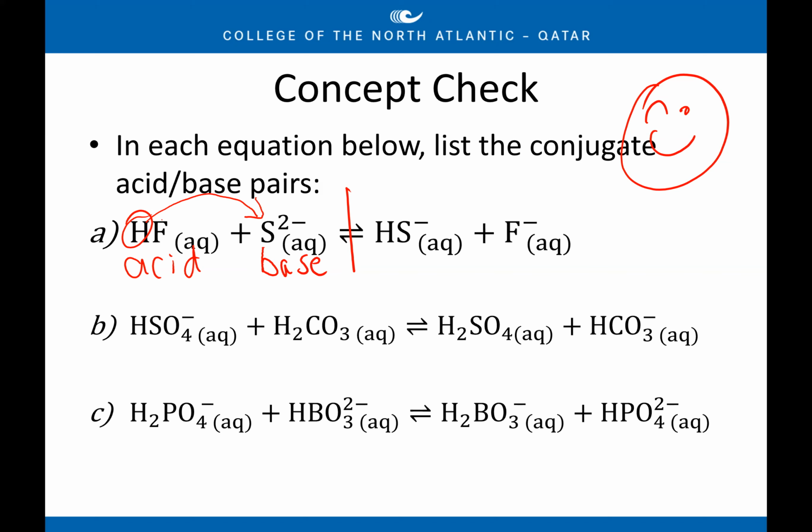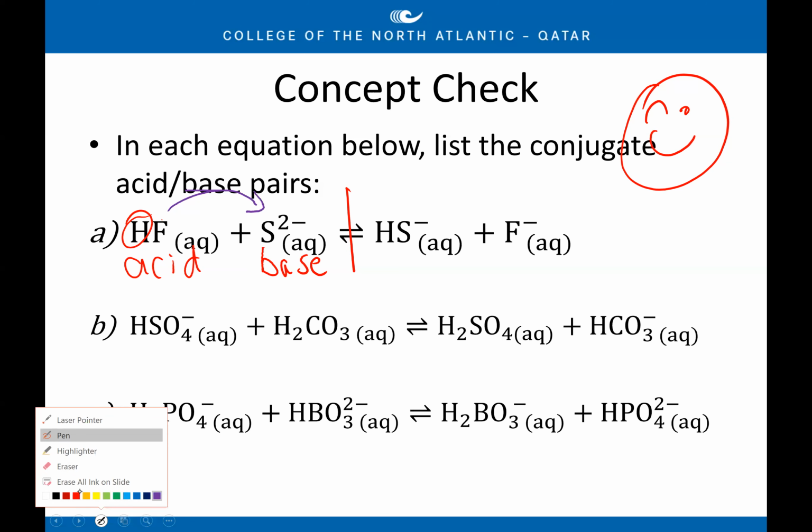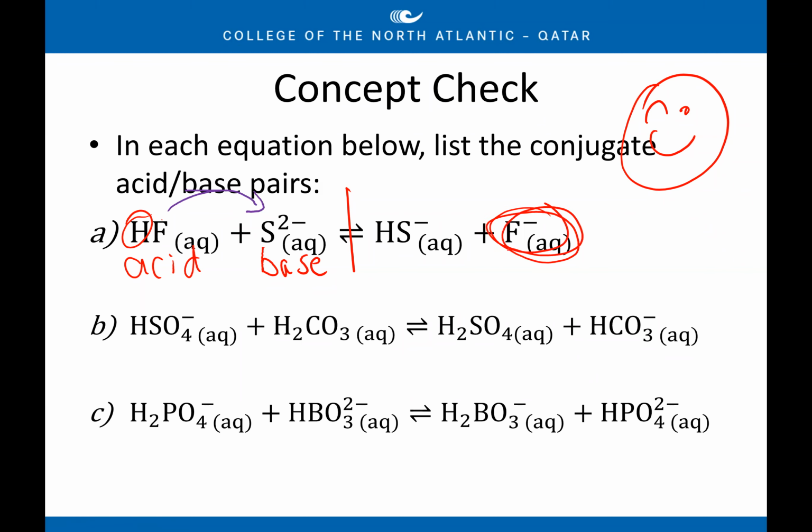So that arrow, guys, that arrow that I just drew is very, very important. I'm not saying you need to draw the arrow, but the concept of that arrow is very important. So that HF has lost its proton.